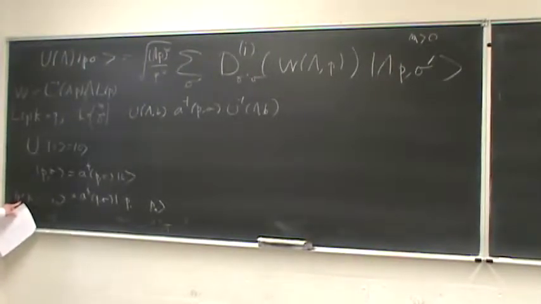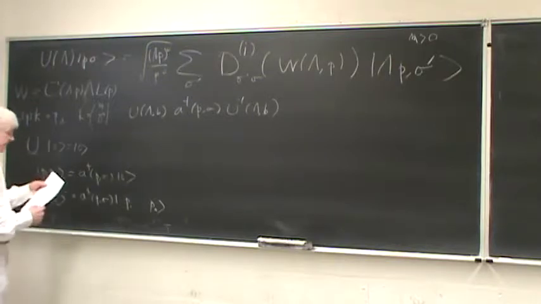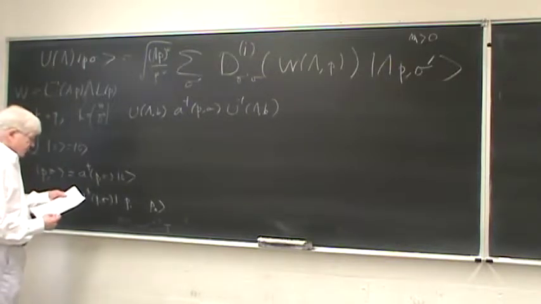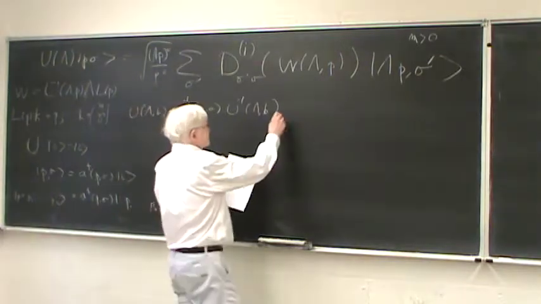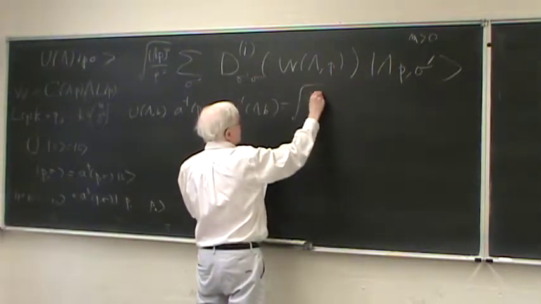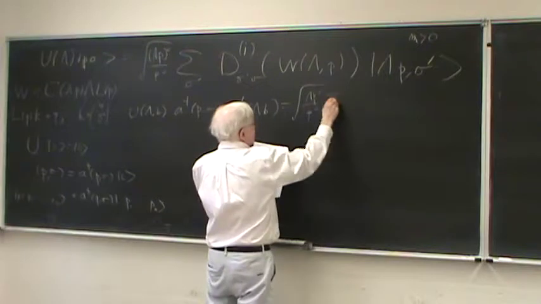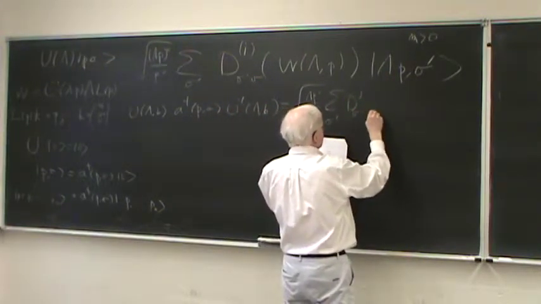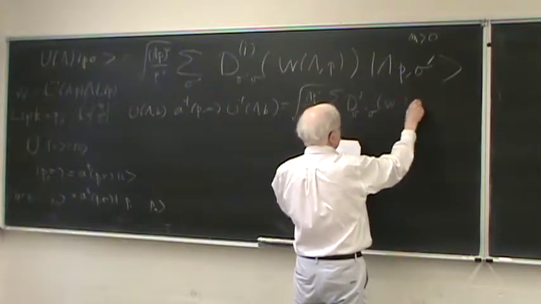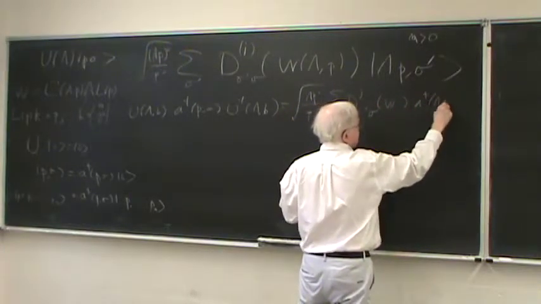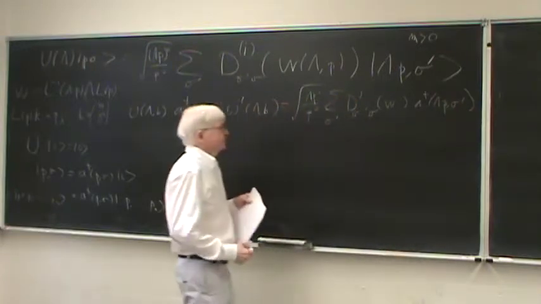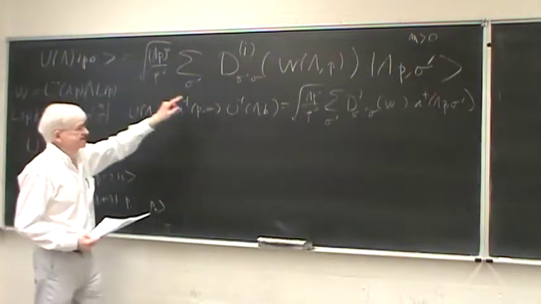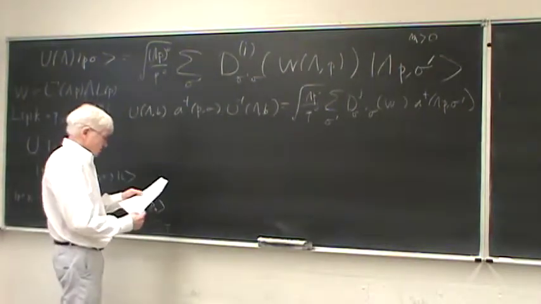For fermions, that makes a difference of a minus sign; for bosons, it makes no difference. So consequently, this is the square root of lambda p0 over p0, sum over sigma prime, D^j sigma prime sigma of W, a dagger of lambda p sigma prime. So that's how this translates to creation language.